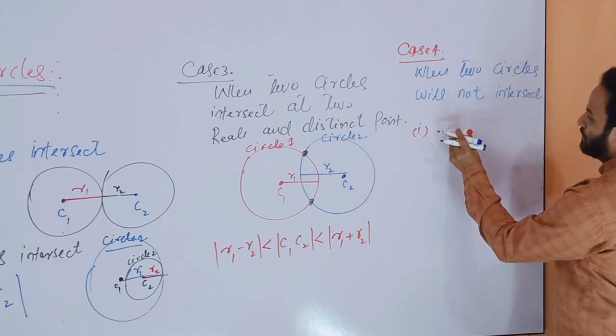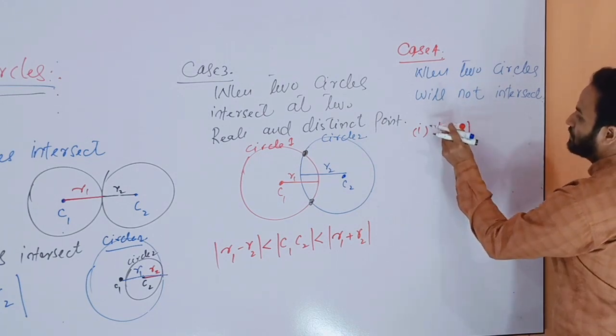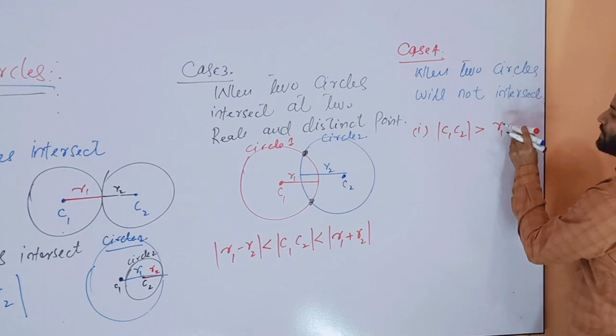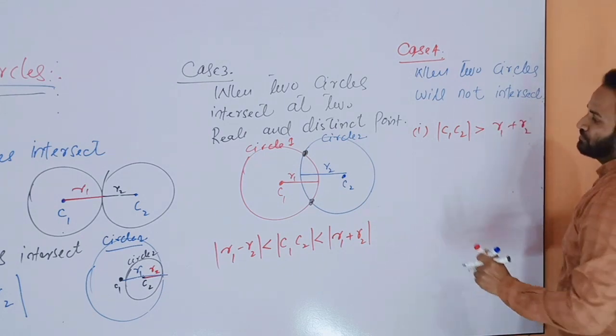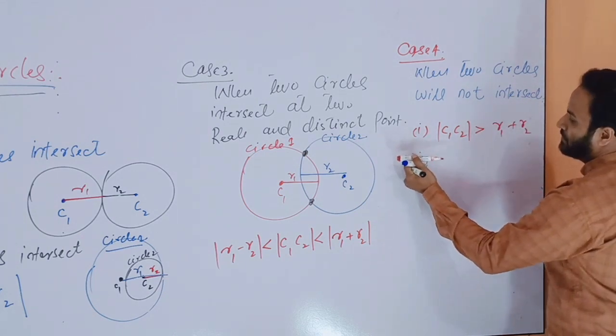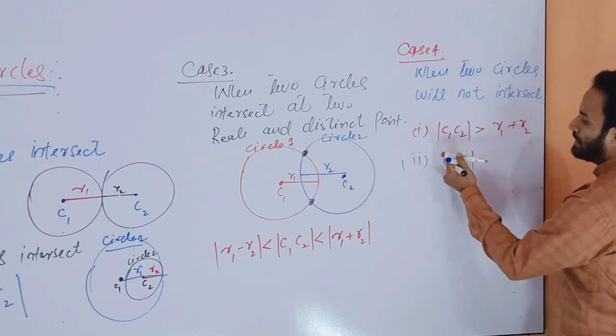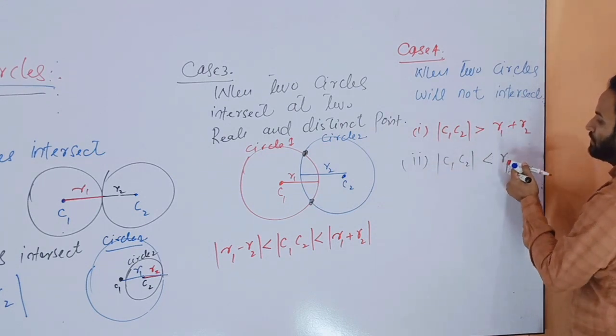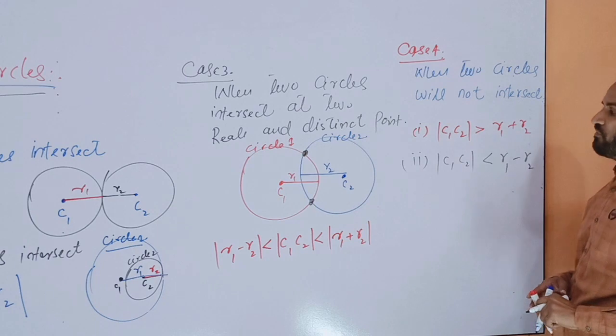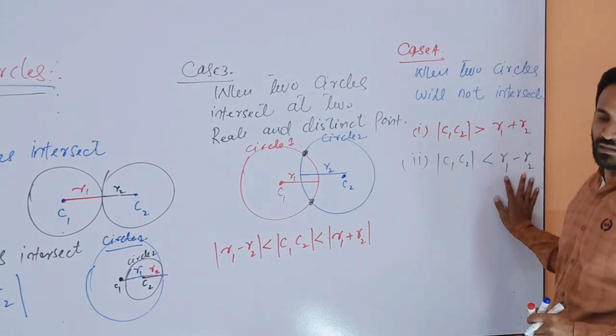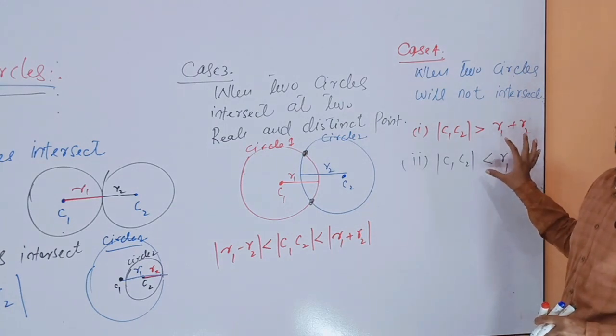Case 1, the C1C2 length should be greater than the sum of the radii. The second case, the C1C2 length is less than the difference between the radii of both circles. So this is the fourth case.